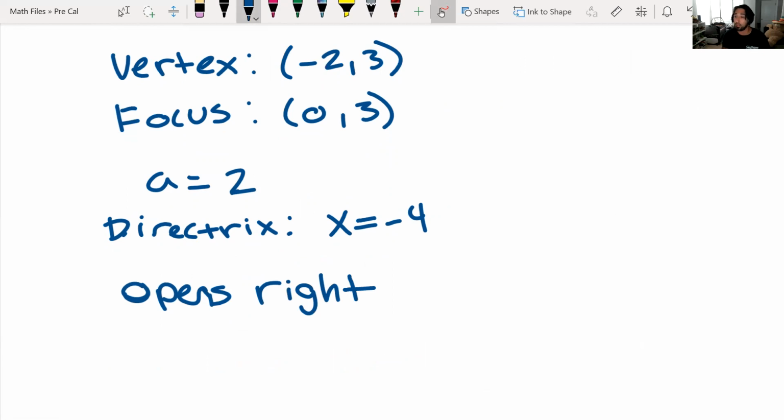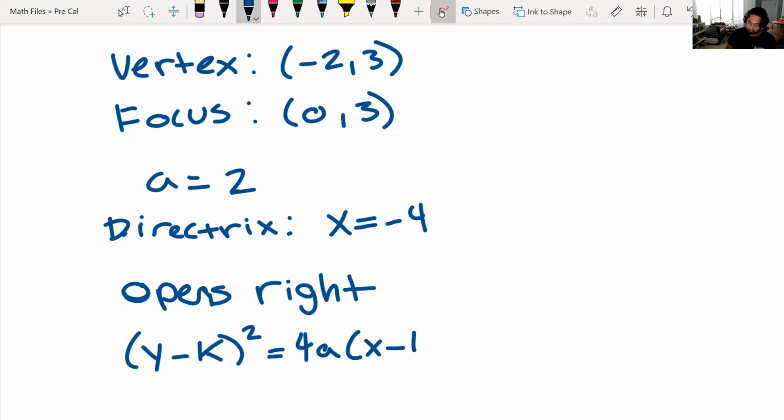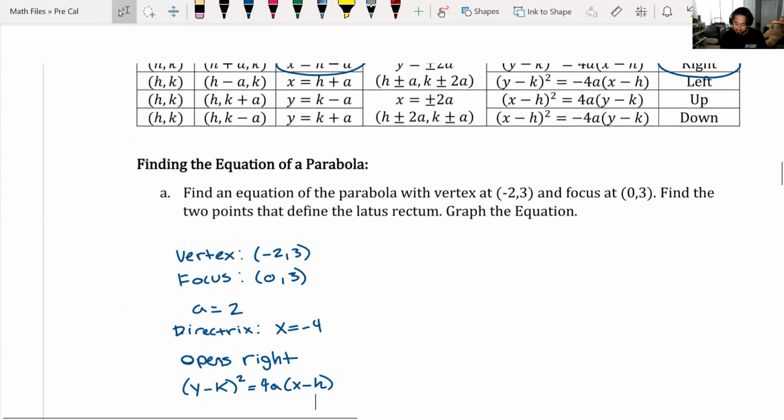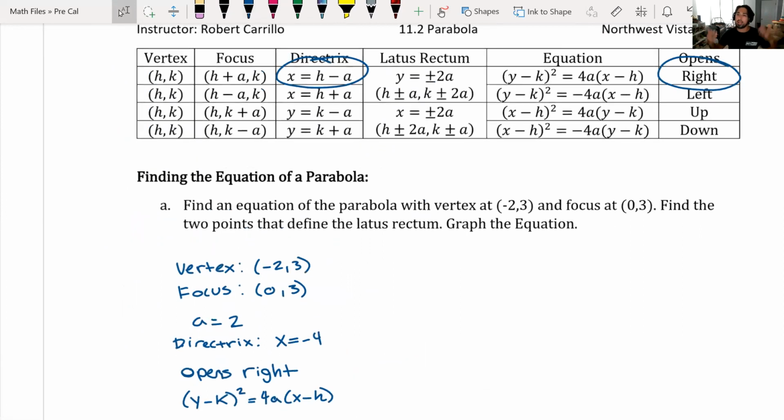And if this parabola opens right, we have the equation (y minus k) squared equal to 4a times (x minus h), just like I have above.